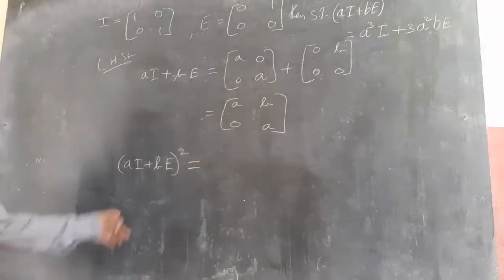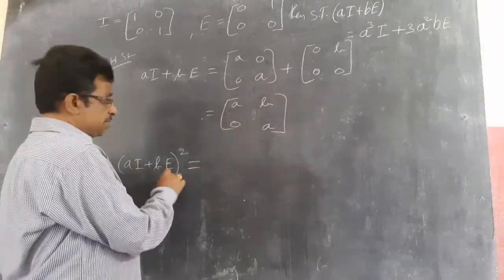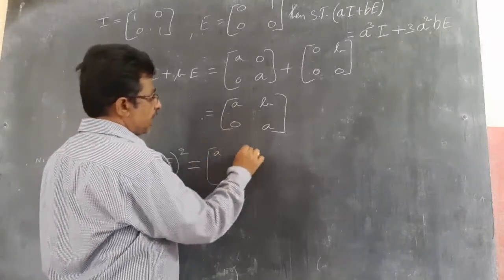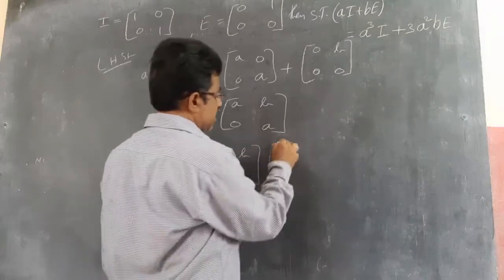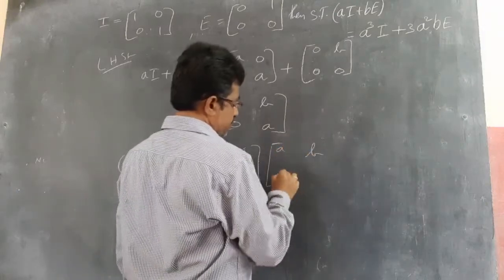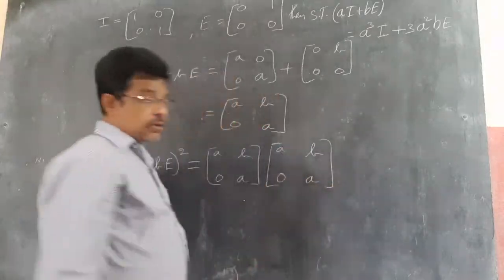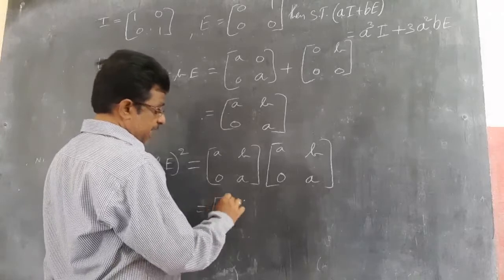Then if I multiply with the same matrix again, I will get the cube. So the square of [a, b; 0, a] is to be multiplied with [a, b; 0, a].